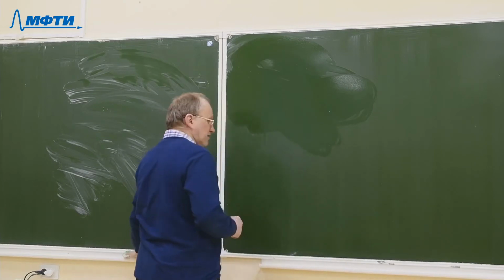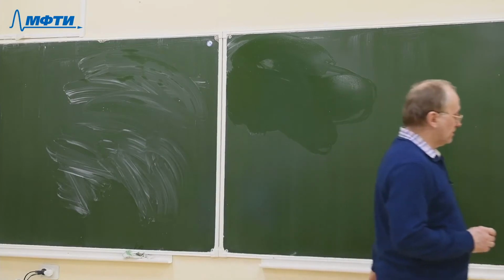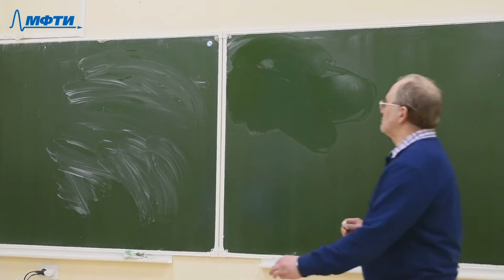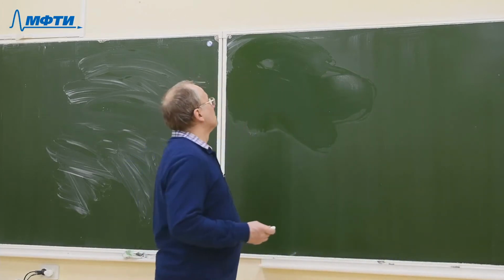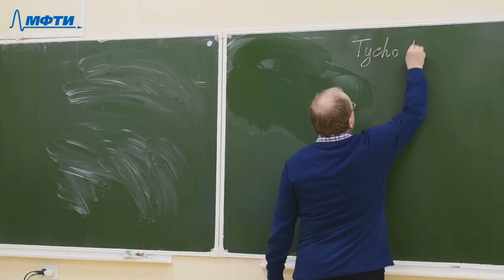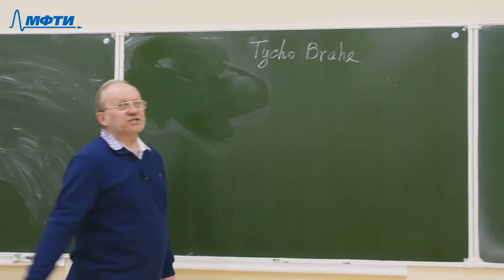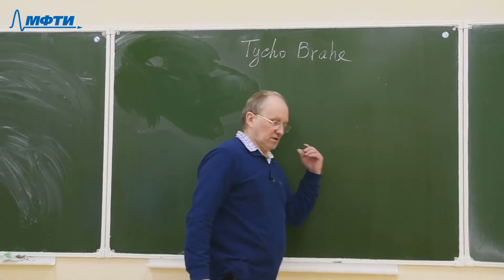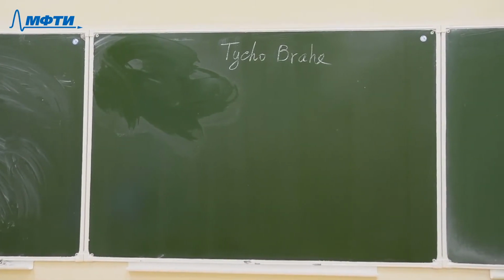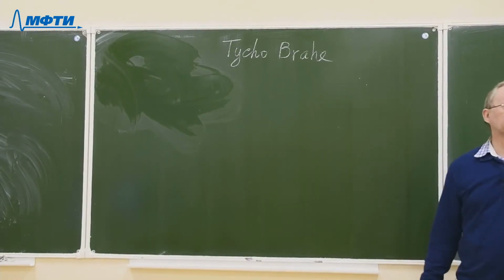How did Kepler come to discover his laws? He used experimental data of the first European astronomer, who was Tycho Brahe, a Danish astronomer who was the first in Europe to use telescopes with precise measurement of planet coordinates on the sky.